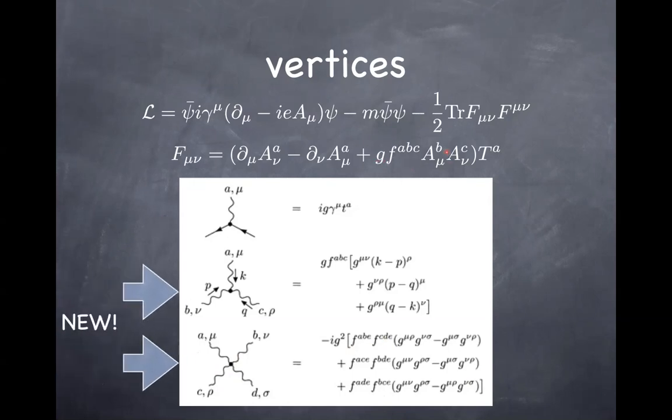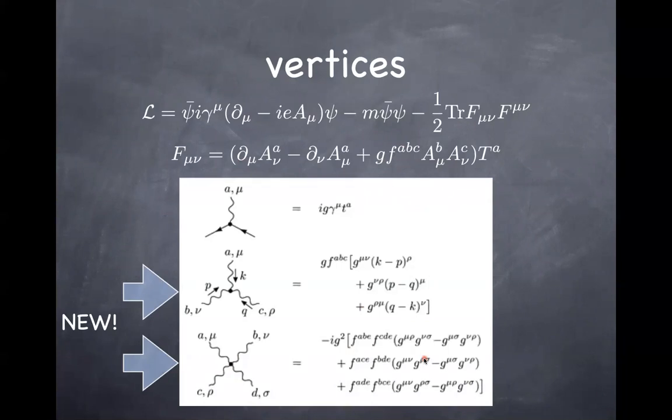So these two vertices are brand new in non-abelian gauge theory. But the way you derive it is completely straightforward, just like what we have done with the scalar field theory and QED. You just take this interaction Lagrangian, take it down from the exponent in the path integral, and use the Wick theorem to work this out. So I don't think I need to explain anything more about this.